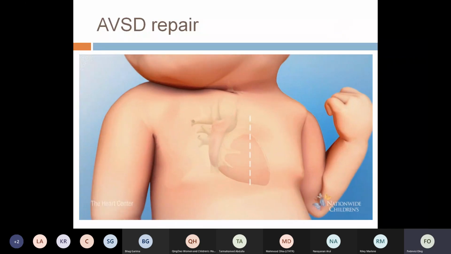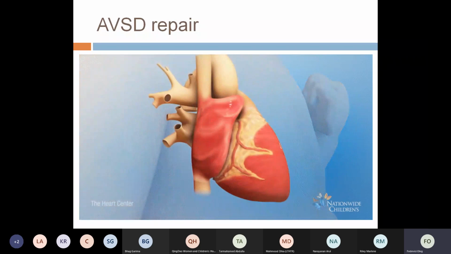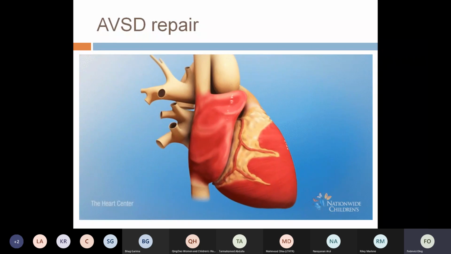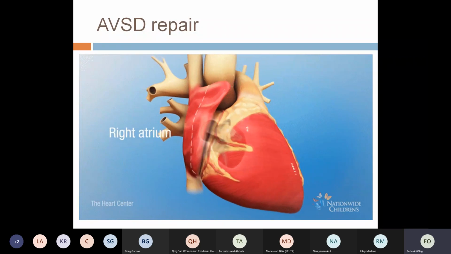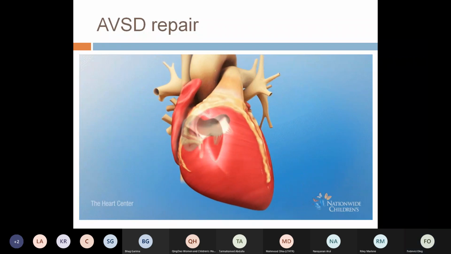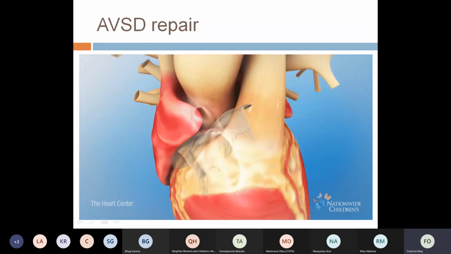So again, a 3D model of that, just for easy understanding. We go through a midline sternotomy, opening the right atrium, and you can see the ventricular defect here.